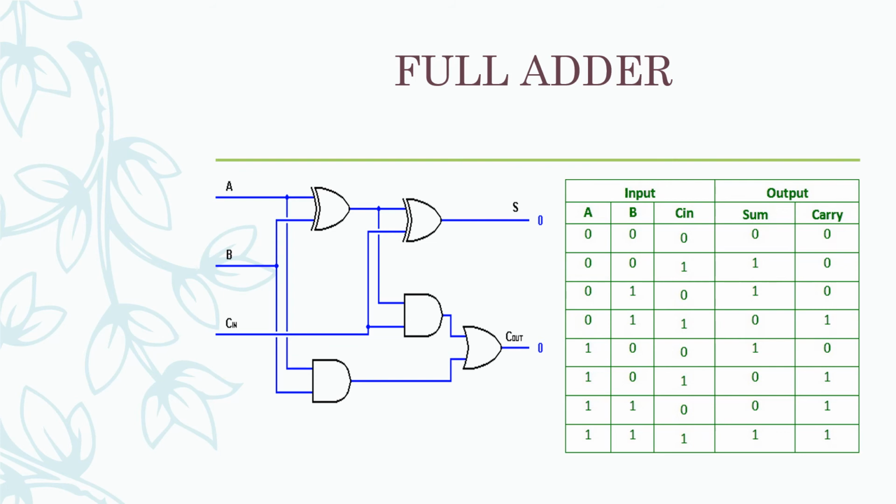Means simply what is happening here, the first half adder is adding 2 input bits, that is A and B, and the third input bit is given by Cn.